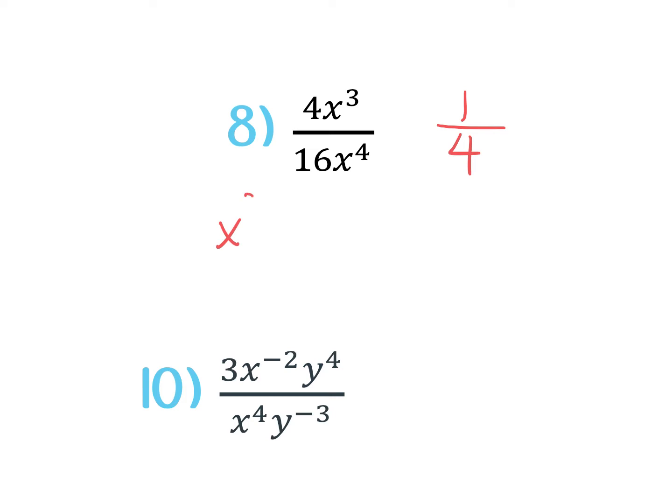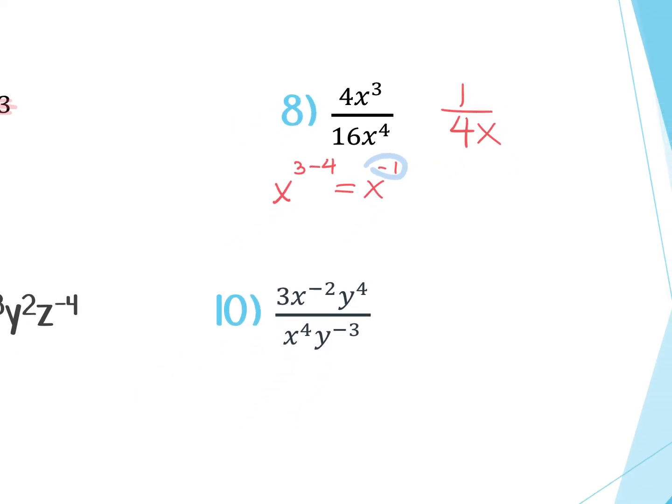So I'm going to do x to the 3rd power and then subtract the x to the 4th. I get x to the -1. After I do the subtraction of the exponents, if my new power is negative, I write it in the denominator. If this were a positive number, then I'd write it in the numerator. So this becomes 1 over 4x.